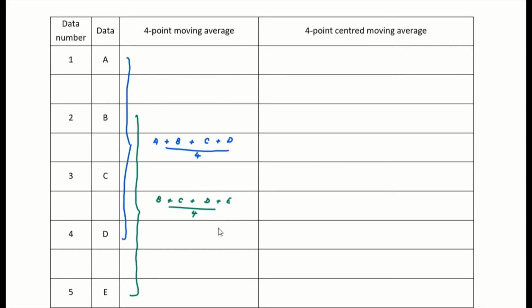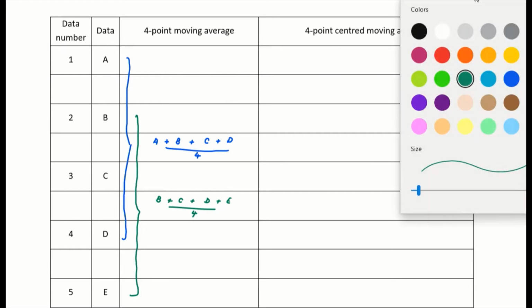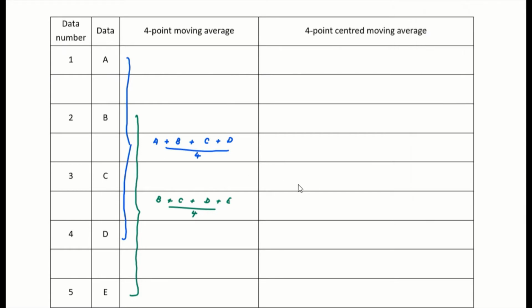After we have found these two values, what do we need to do so that it aligns with the data numbers that we have? We need to carry out another moving average, right? So for these two values, you are going to do another moving average. So we are finding the sum of these two. I'm going to write bigger here.